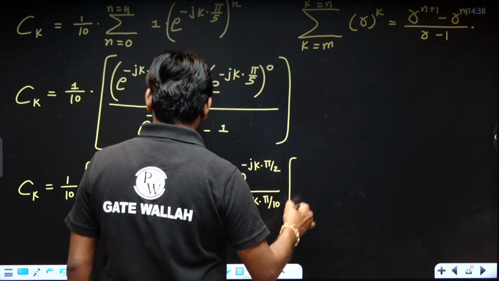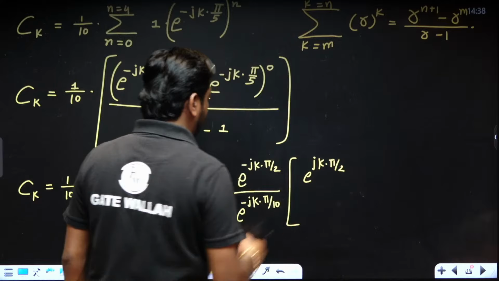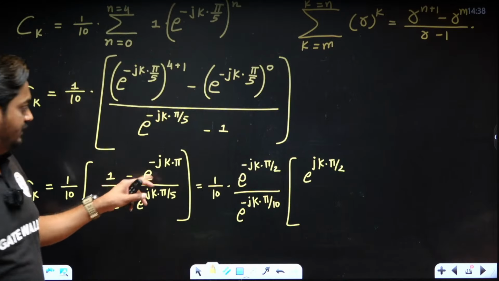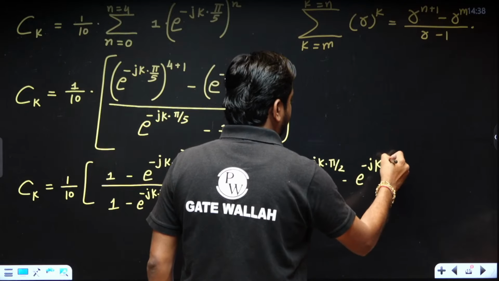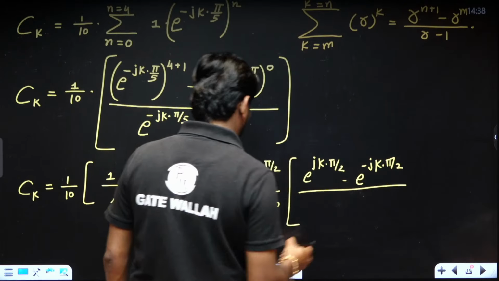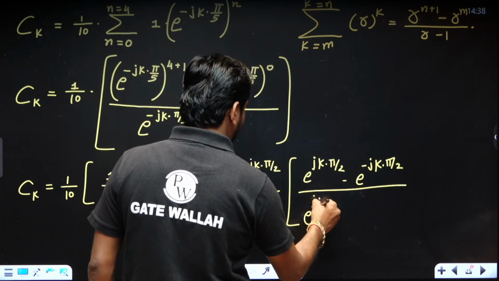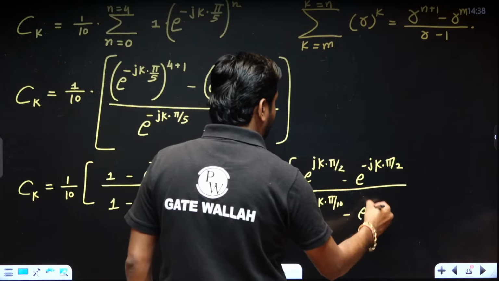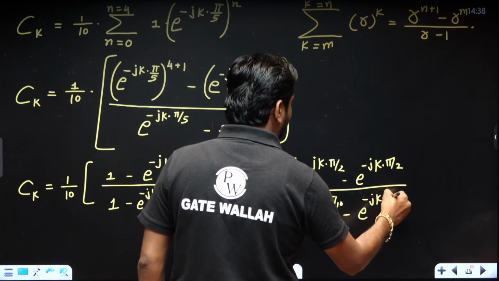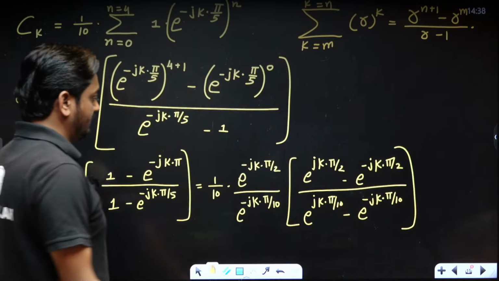So here this is e to the power j k pi by 2, here instead of 1, and this is minus e to the power minus j k pi by 2, simple maths. Here also e to the power j k into pi by 10 minus e to the power minus j k into pi by 10. Okay, now simplify further.